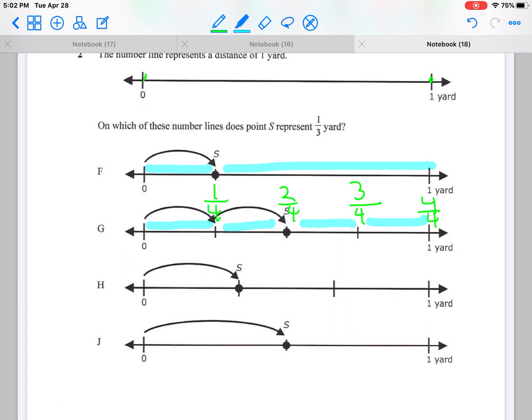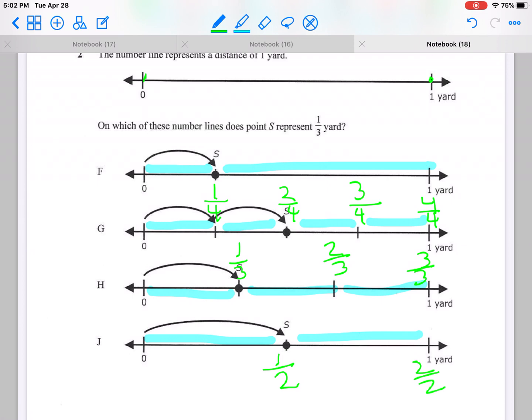Look at letter H. I notice that it is divided into 1, 2, 3 equal parts. That would be 1 out of 3, 2 out of 3, 3 out of 3, or 1 yard. Let me look at letter J. I notice it's divided into 1, 2 equal parts, which would be 1 out of 2, or 1/2, and 2 out of 2, or 1 whole.